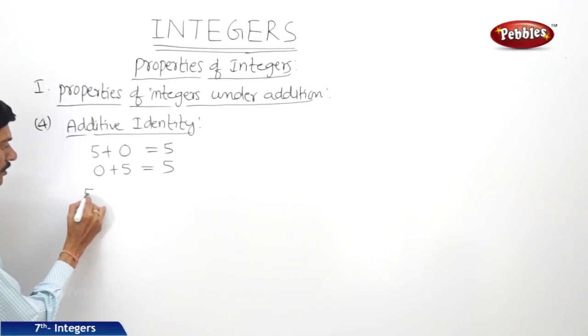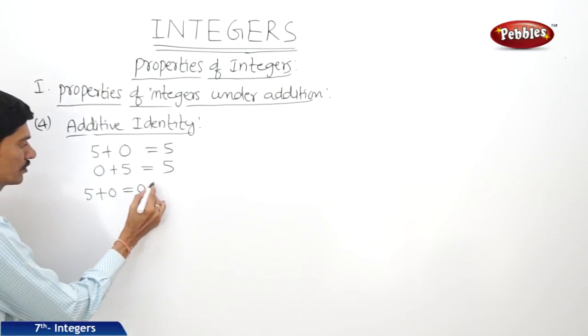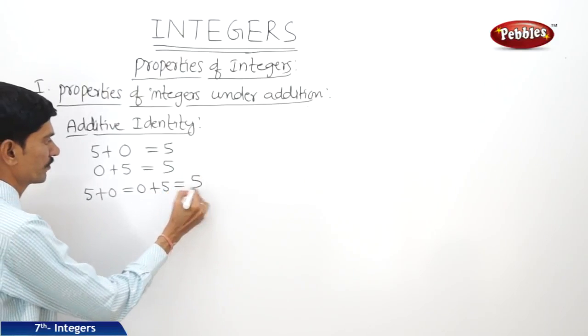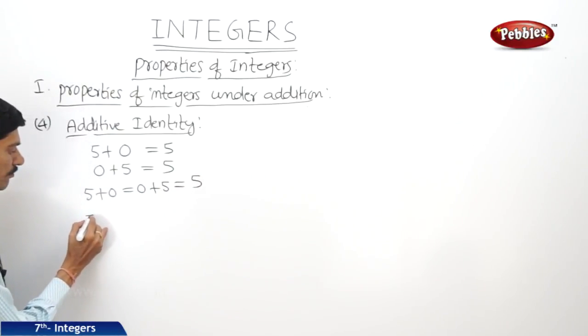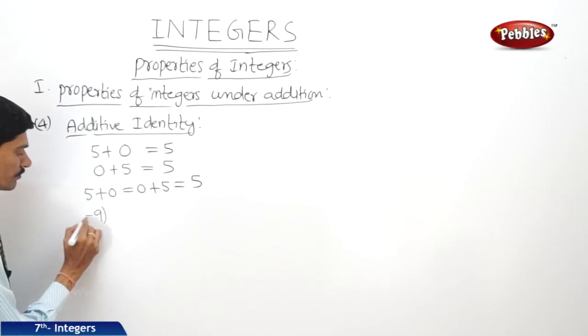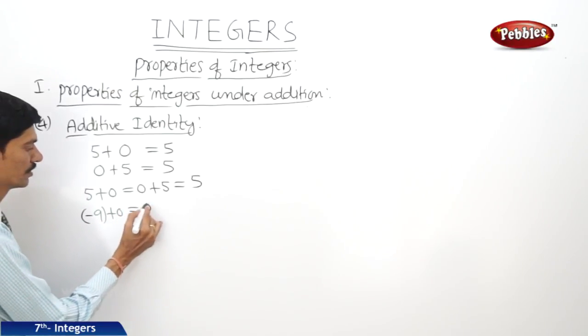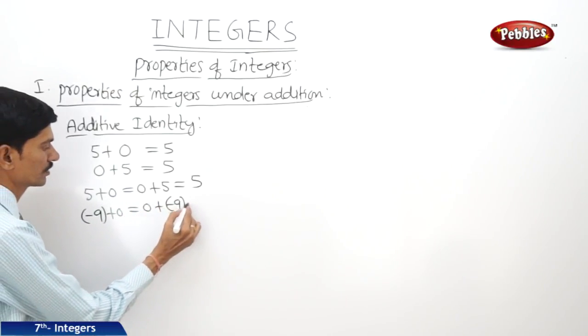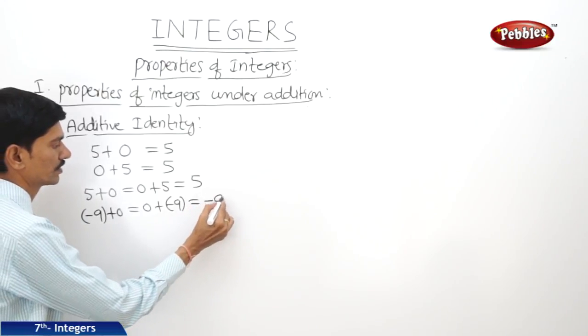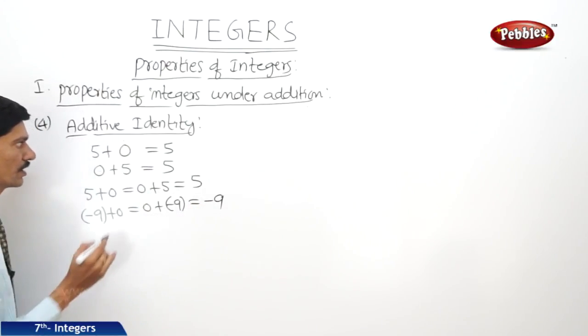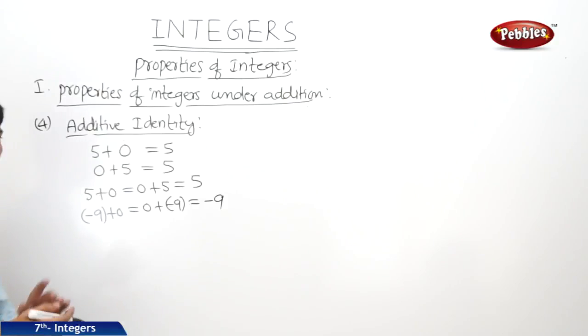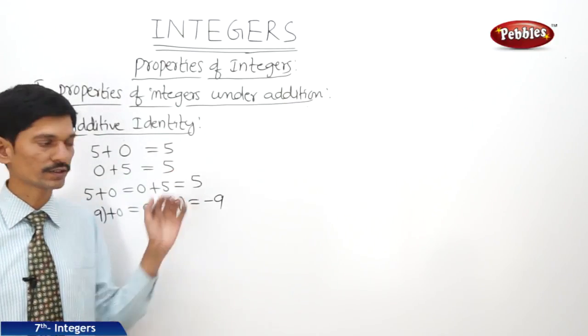So we can write that 5 plus 0 equals 0 plus 5 equals 5. Or we can take minus 9 plus 0 equals 0 plus minus 9 equals minus 9. So here 0 is called the additive identity element, or we can say that additive identity.